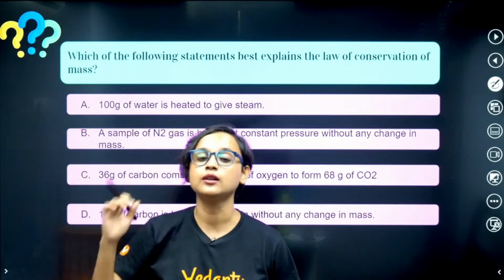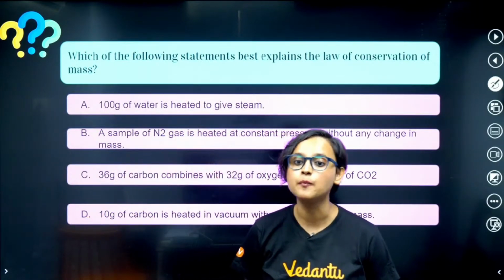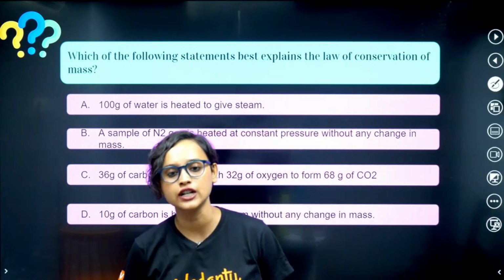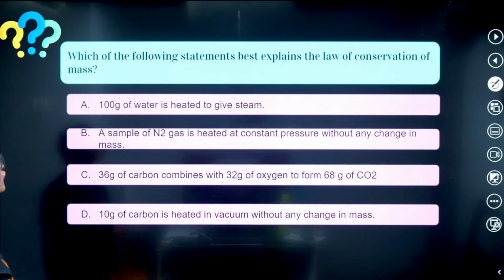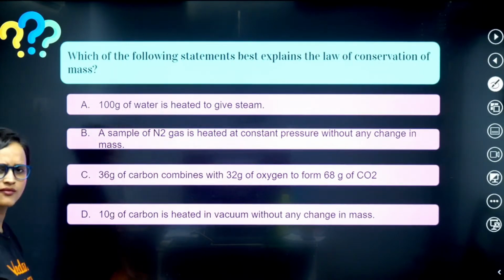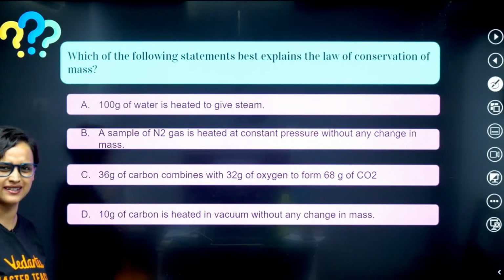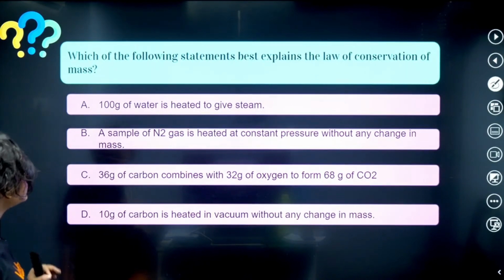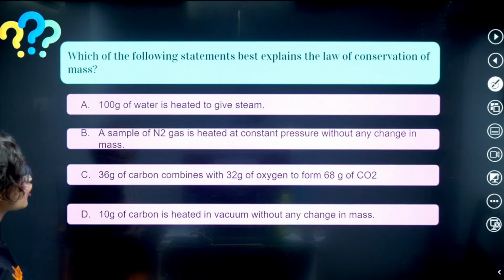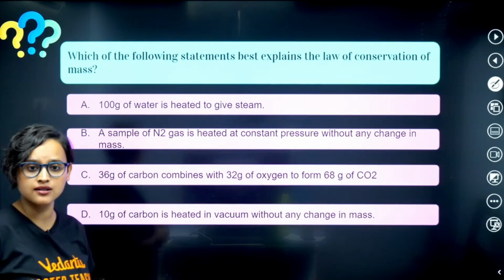Alright. Now tell me which of the following statements best explains the law of conservation of mass. 100 gram of water is heated to give steam. It doesn't make sense, right? Why will this be related to conservation of mass? A sample of nitrogen gas is heated at constant pressure without any change in mass.